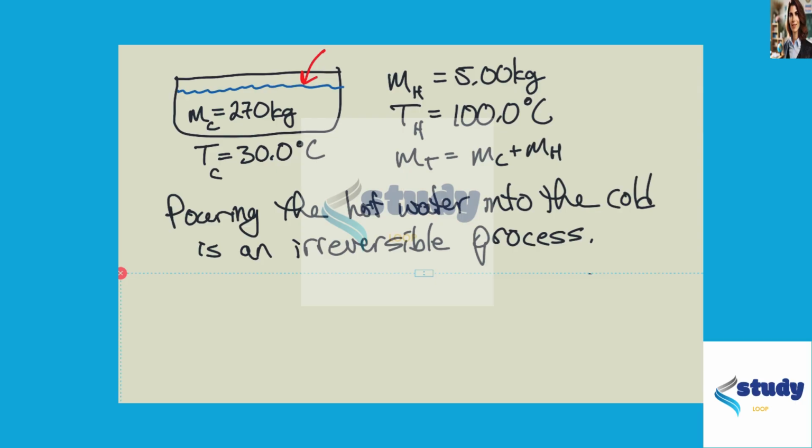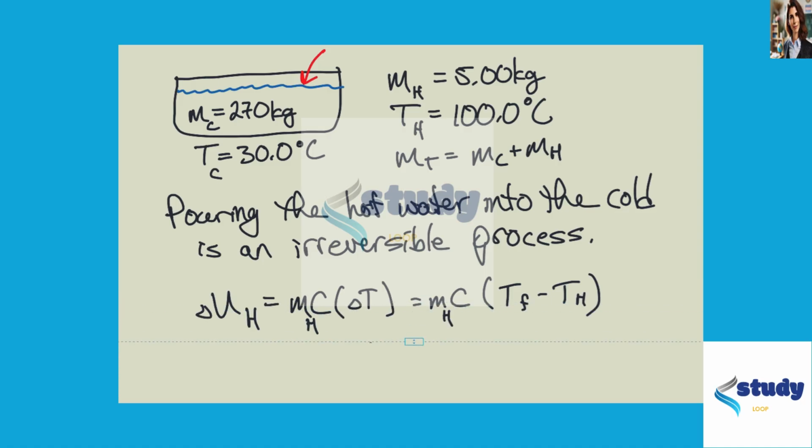So then it asks us to calculate the final temperature of the bath water. Well, we can do that by knowing that the change in internal energy of the hot water must equal the change in internal energy of the cold water. The change in internal energy of the hot water equals the mass of the hot water times the heat capacity times the change in temperature of that hot water.